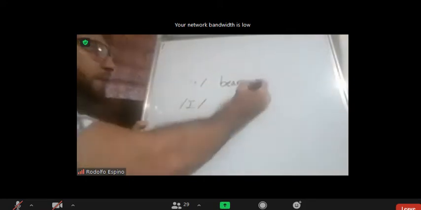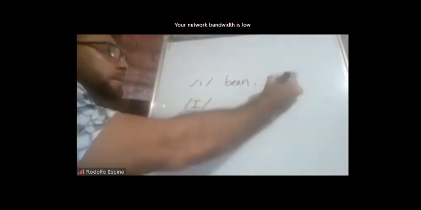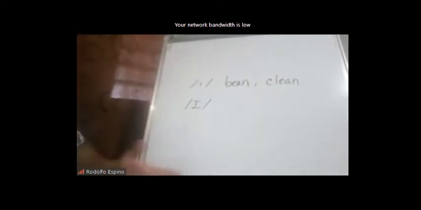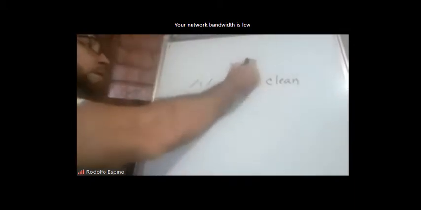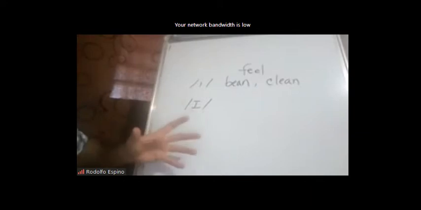I would say, for example, clean. As you can see, it doesn't have to be EA all the time. It could be sometimes double E, as in feel. For example, this, which is more relaxed, is also more relaxed in spelling.